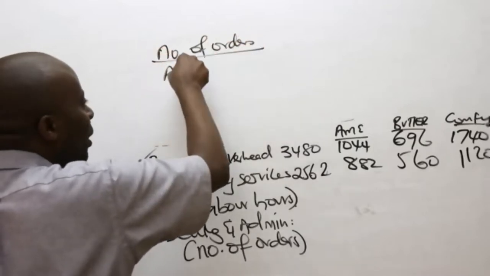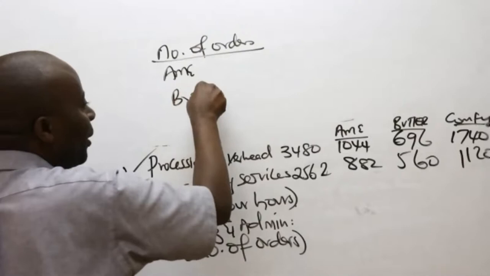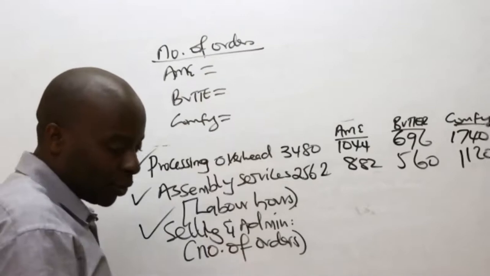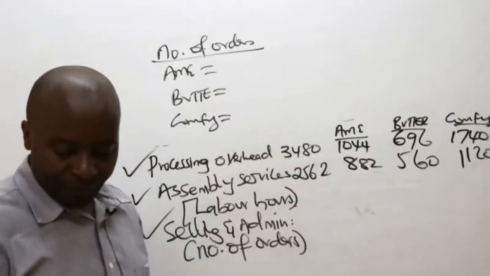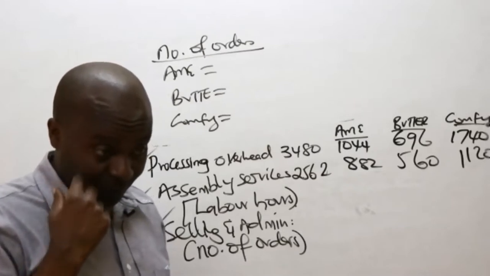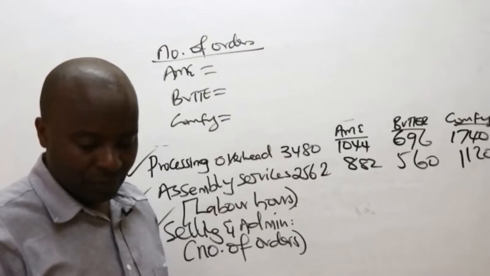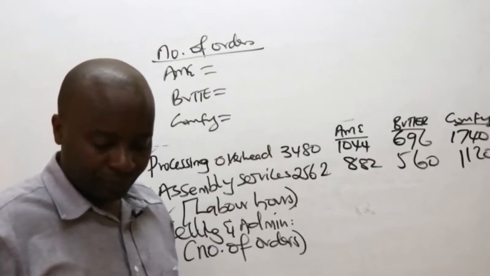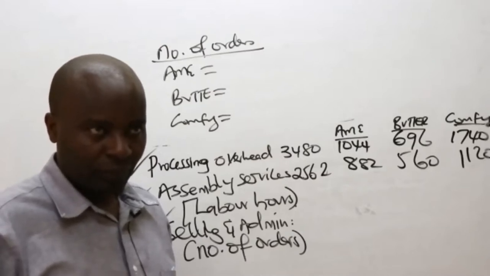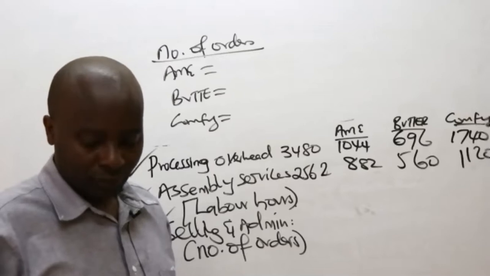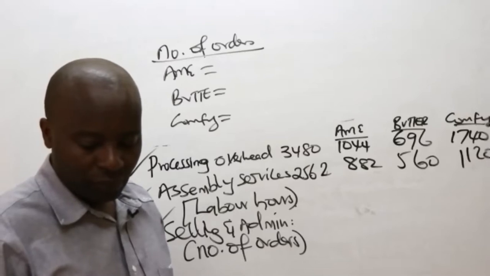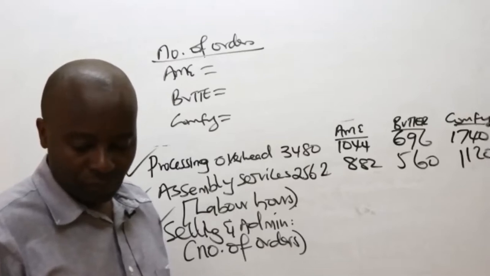According to my products, we have American, we have butterfly, we have comfy. So what do we have there, somebody, as number of orders?